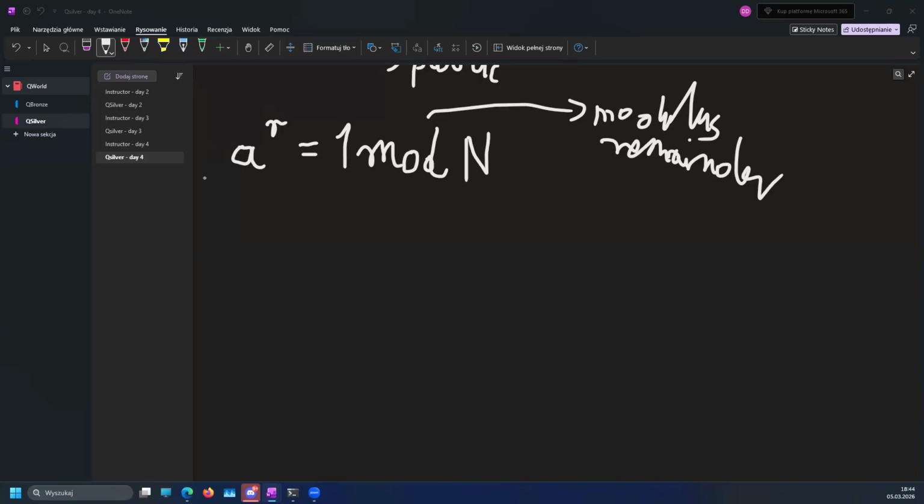And in our algorithm, we will pick a randomly. It will be just our choice. Yes, and then if we pick a number that is co-prime with this big N, then we are guaranteed that there exists such an r that meets this condition. Yes, that meets this equation.